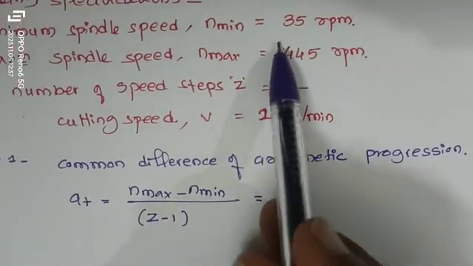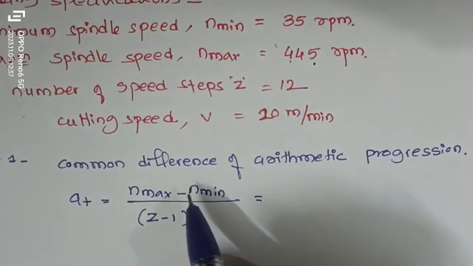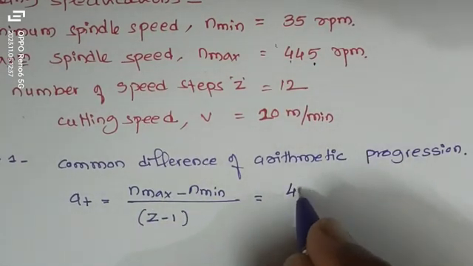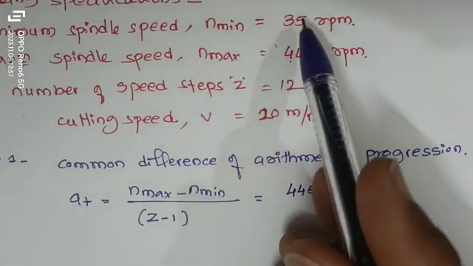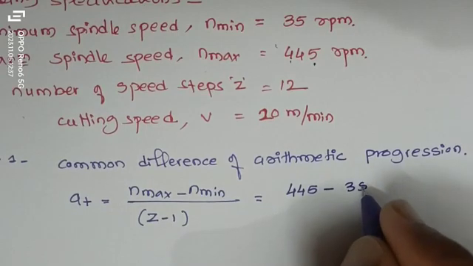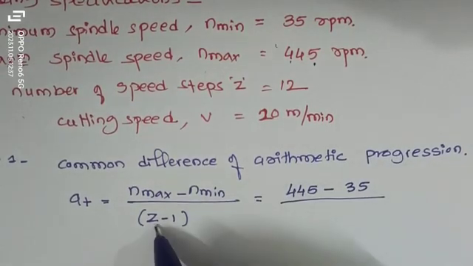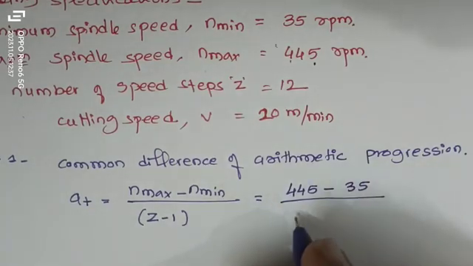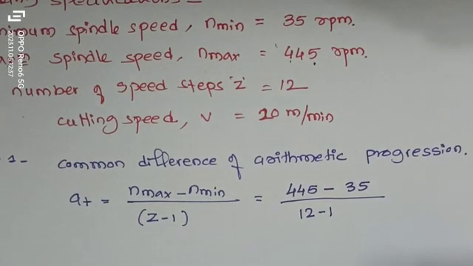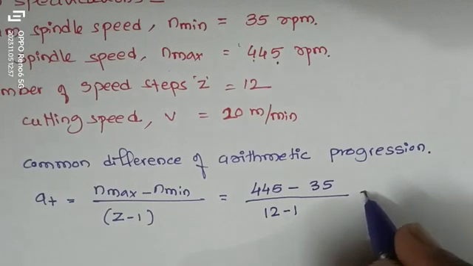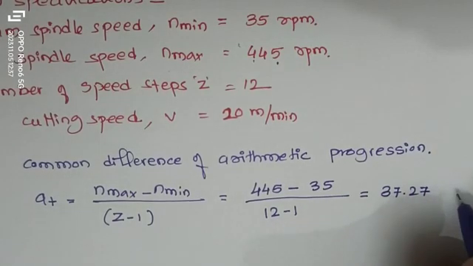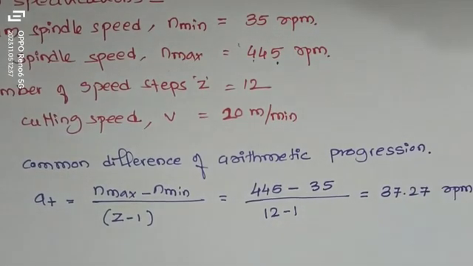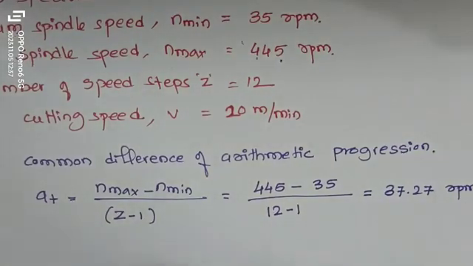Here n max is 445 minus n minimum of 35 rpm divided by z is 12 minus 1. So if I calculate this, I'll get 37.27 rpm. This is the common difference of the arithmetic progression.